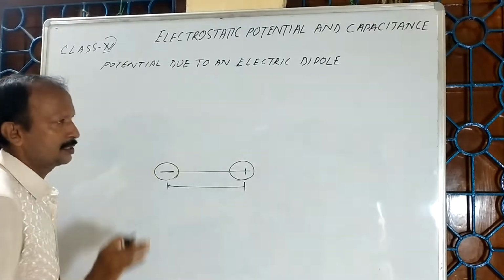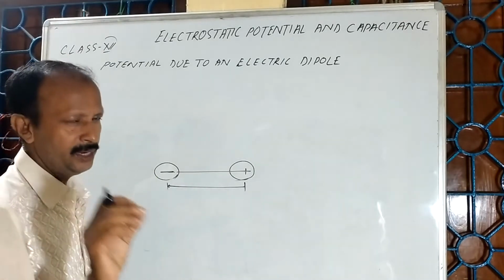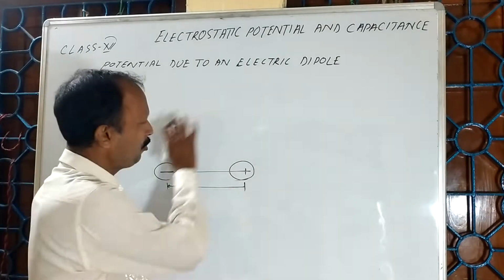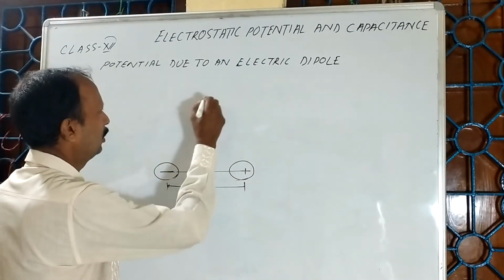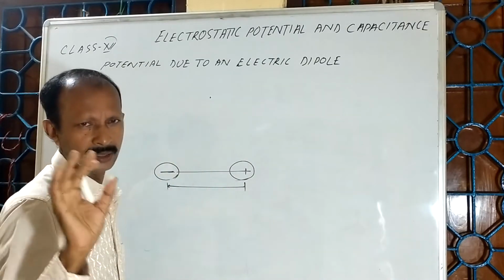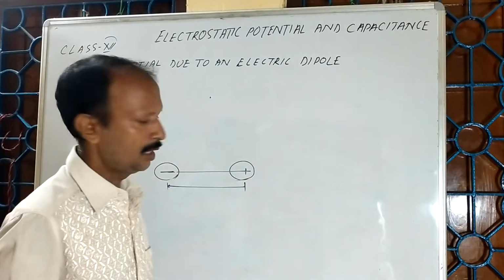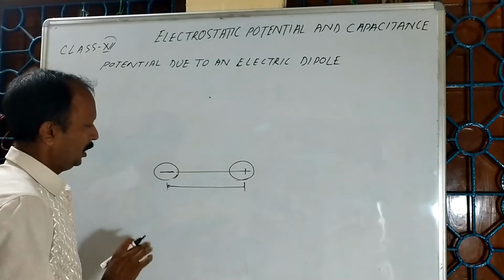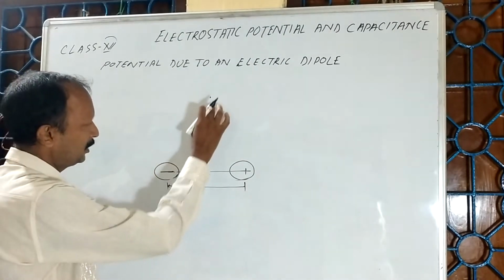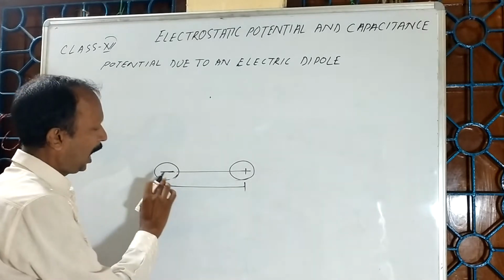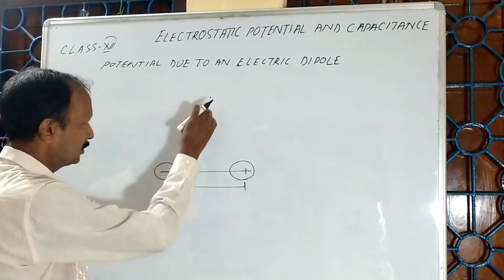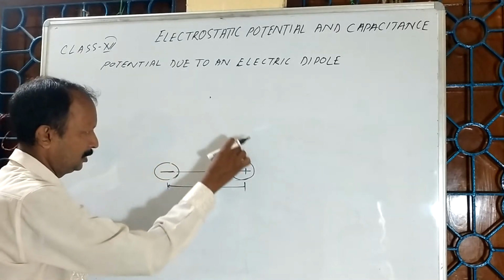But here we have to find out the potential at any point surrounding it. For example, at this point I want to calculate the potential. Clear? So in this case, for the distance between this point and the dipole, which distance will we take?